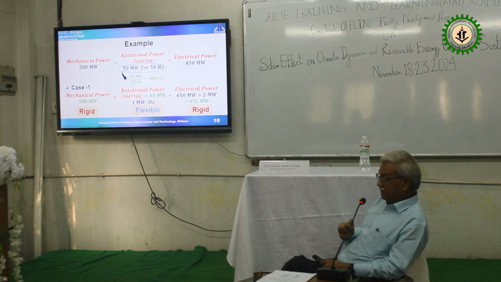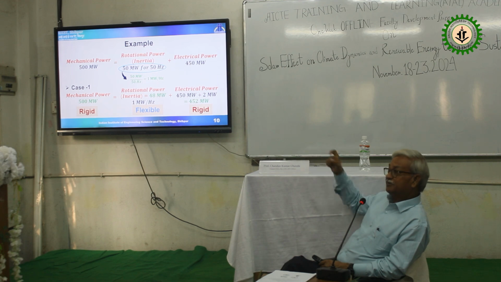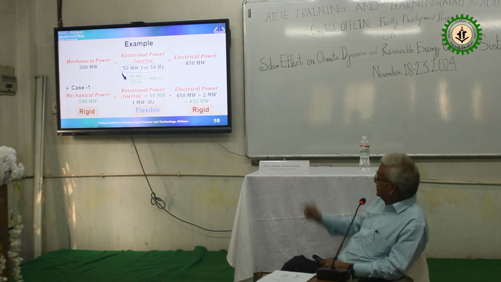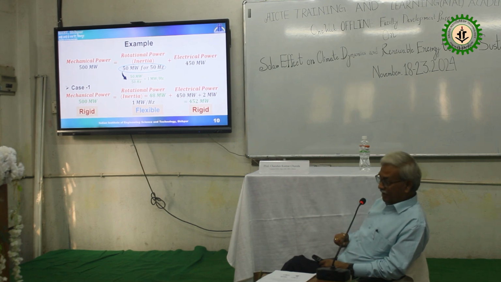During that sub-second, the power system is completely blacked out. So during that sub-second level, the rotational inertia which is available with the rotor says, I am the one who will help you out. I will give you 2 megawatt for a few milliseconds, 10 milliseconds, as you need 50 megawatt to generate 50 hertz.